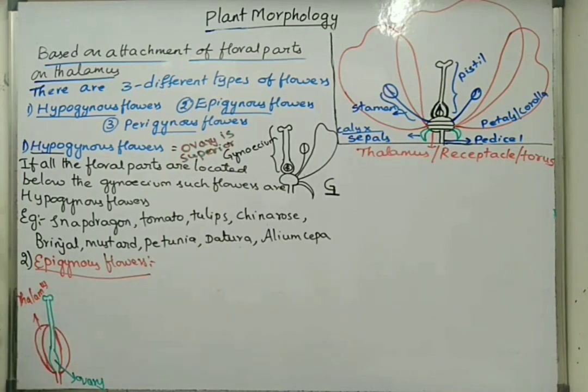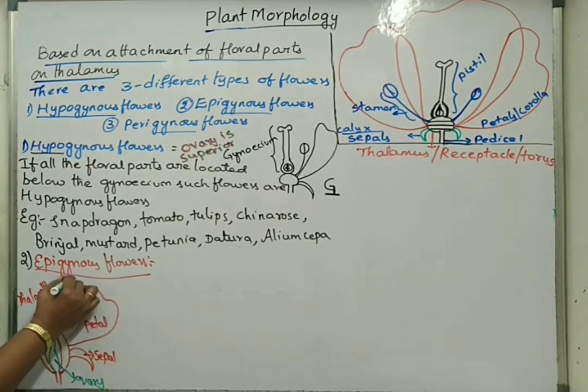If you see position of stamen, stamen is raised above the gynoecium. Even petal also raised above the gynoecium. Sepal's position is also above the gynoecium. Three floral parts like stamen, petals and sepals. So this is sepal, petal, stamen.